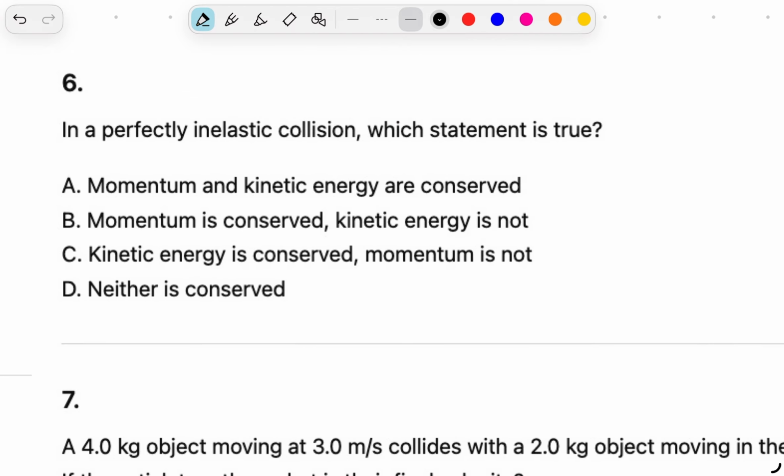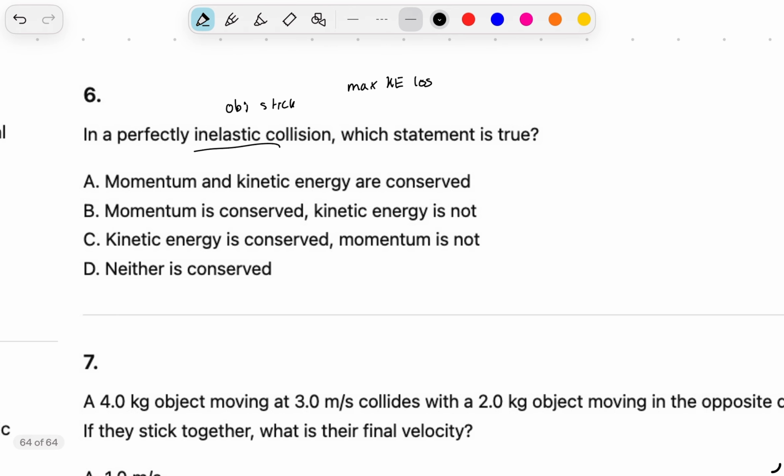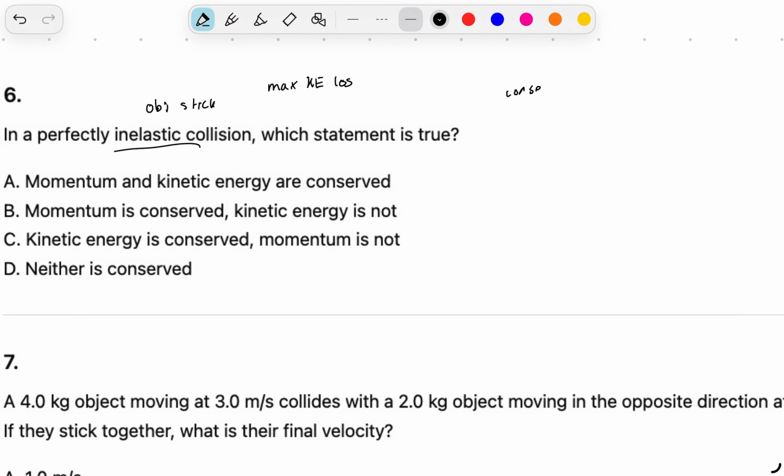In a perfectly inelastic collision, which statement is true? Perfectly inelastic, your objects are going to stick and your maximum kinetic energy is going to be lost. So you have your conservation laws.